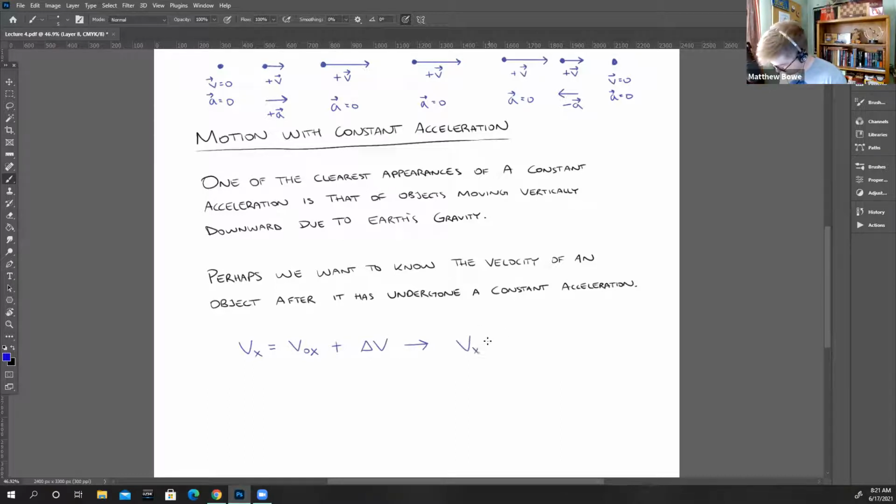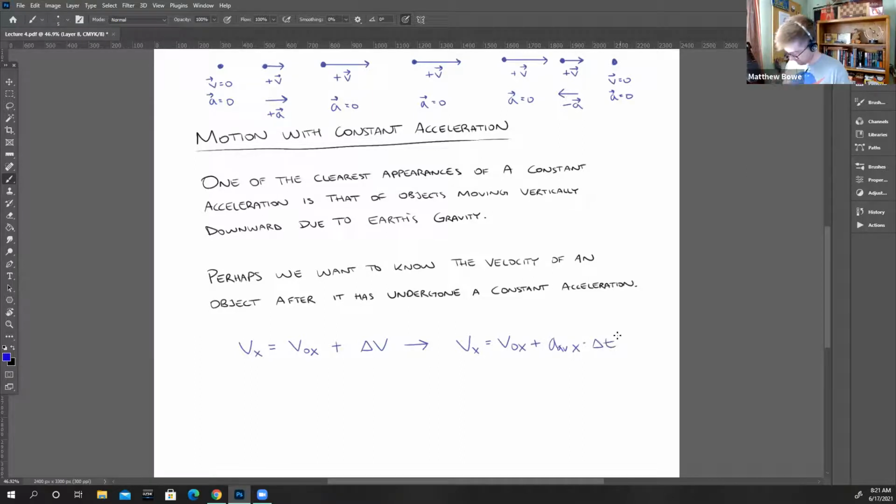So I could rewrite this as the initial velocity. Instead of delta v, I'm just going to say this is the value of its acceleration times how long it was accelerating. So it is, let me try to make this clear. Average a, oops, sorry, that's not t, that's x, multiplied by delta t.